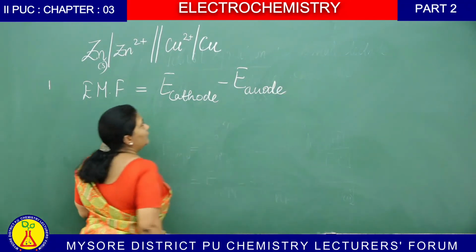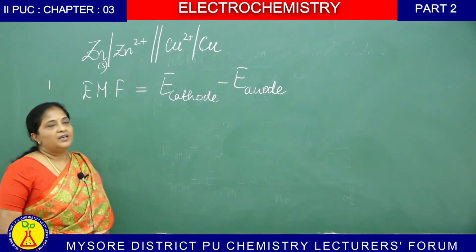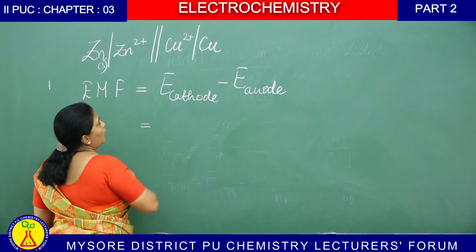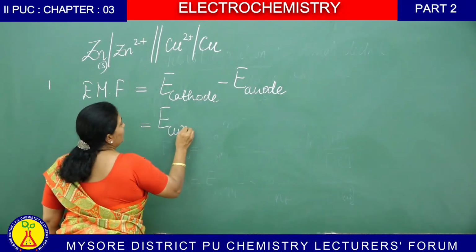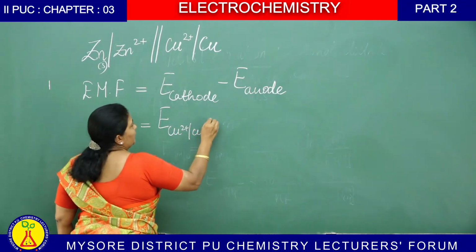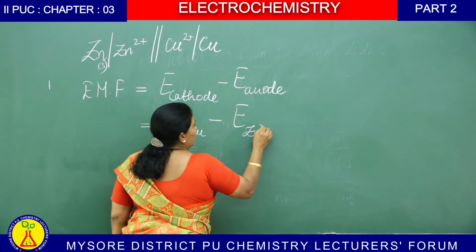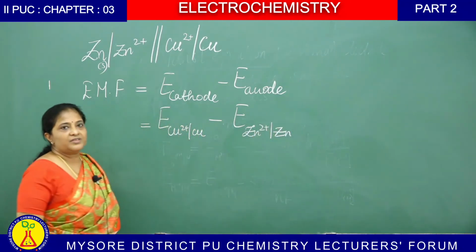In this case, since copper is the cathode, it will be E of the copper electrode minus the reduction potential of the anode, which is the zinc electrode.